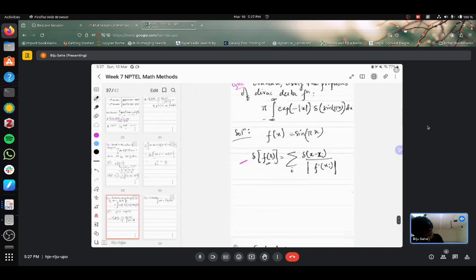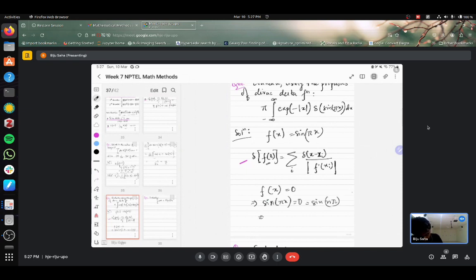So your xi were the locations where f(x) vanishes. So f(x) equal to 0, that is sin(πx) becoming equal to 0, that is sin(nπ).